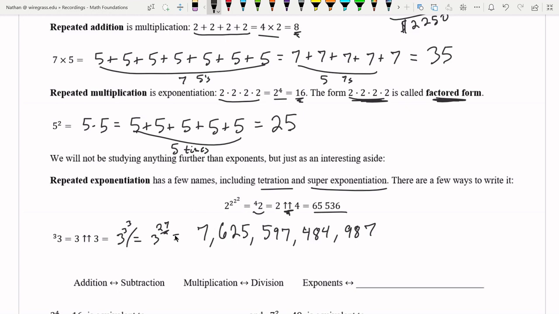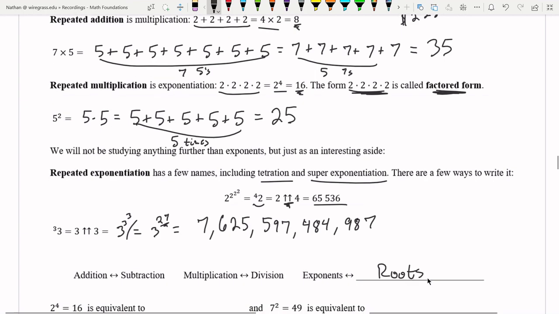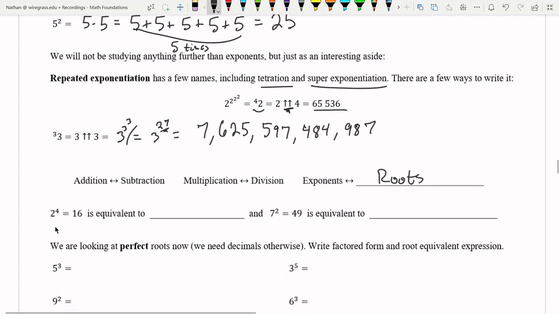Okay, we talked about addition and subtraction being inverses, multiplication and division being inverses, and exponents and roots are inverses. So 2 to the 4th power equals 16. This is equivalent to the statement of 2 equaling the 4th root of 16. 7 to the power of 2 equals 49 is equivalent to 7 equals the square root of 49.